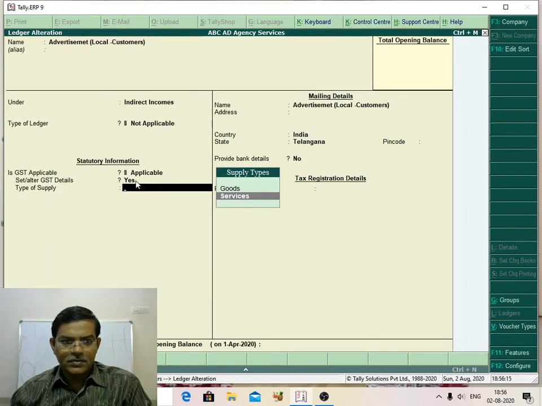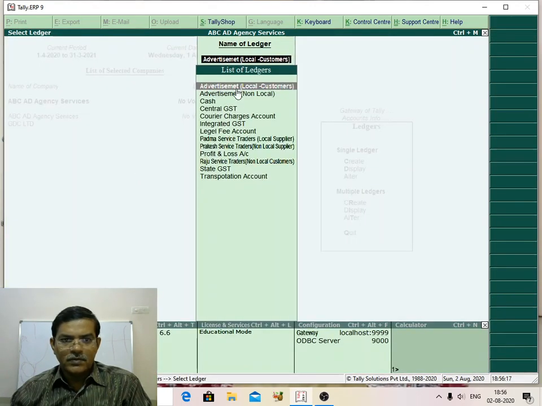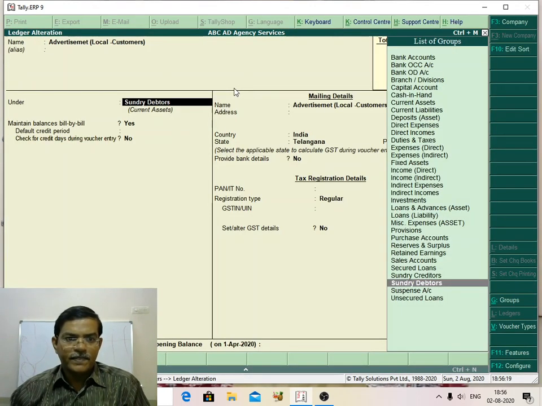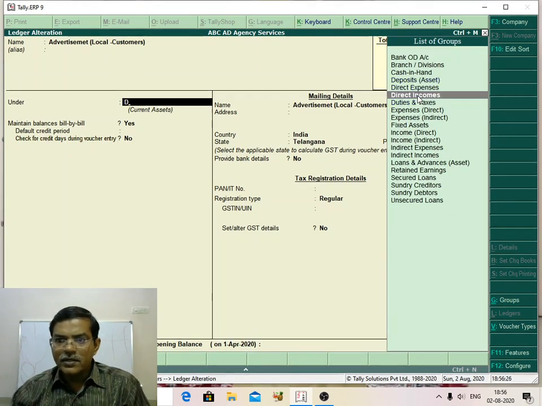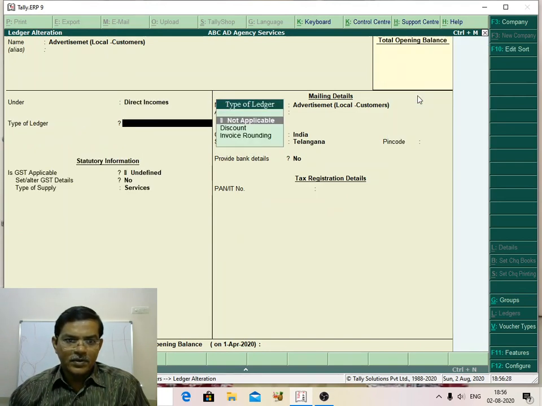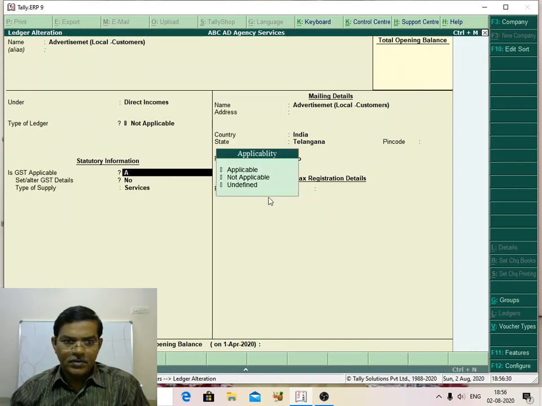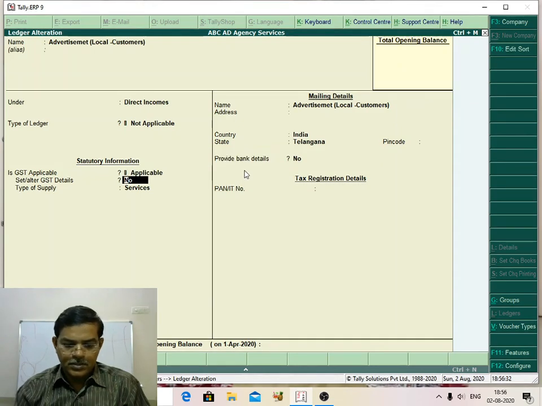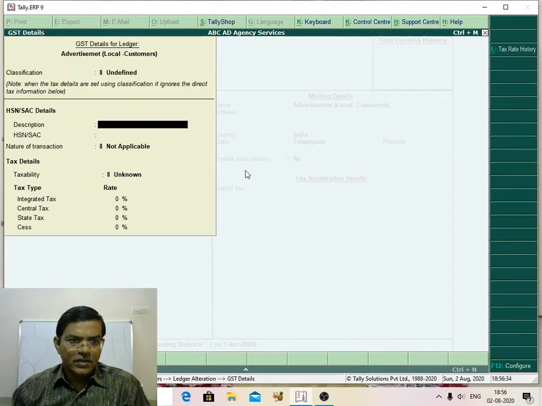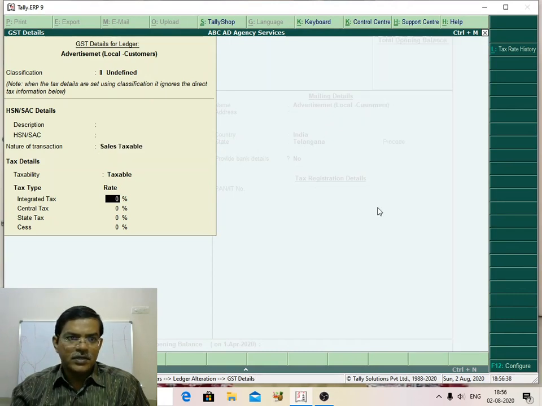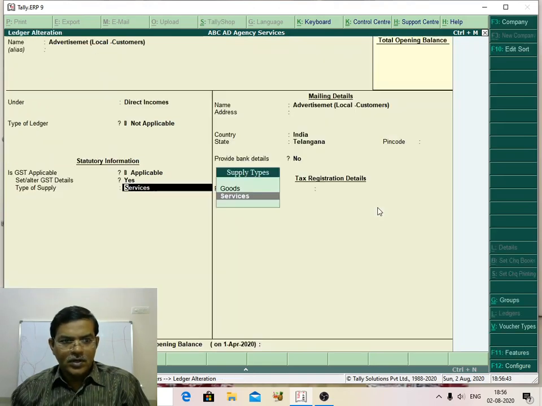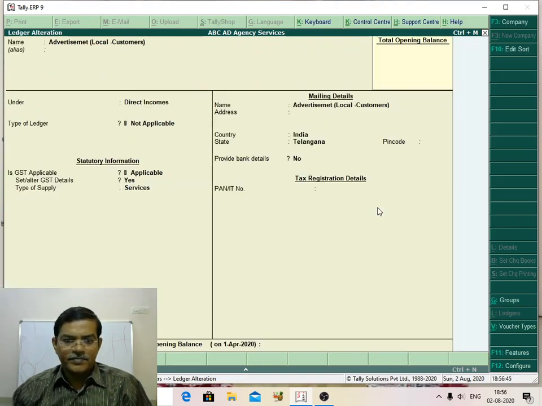Okay, I will select one more time. It is direct income and applicable. It is yes, and the nature of transaction is sales taxable. Okay, sales taxable, tax rate is 18%. So now Control A to accept the screen.